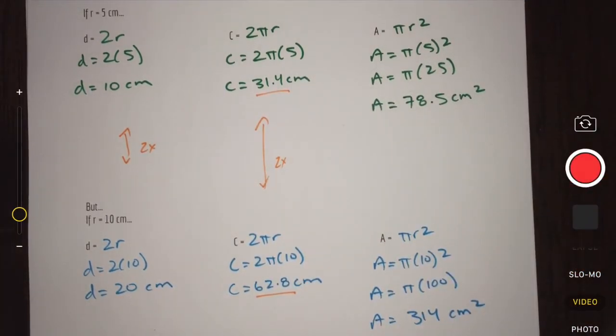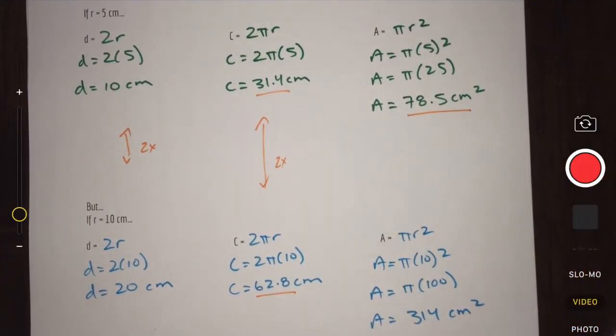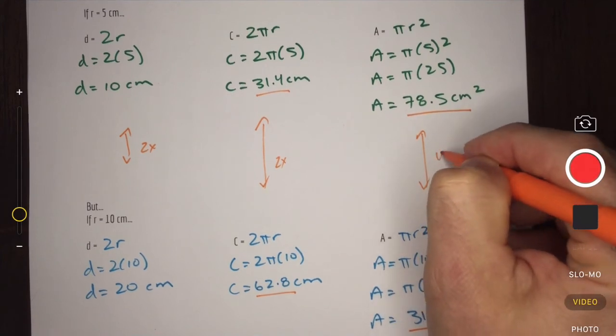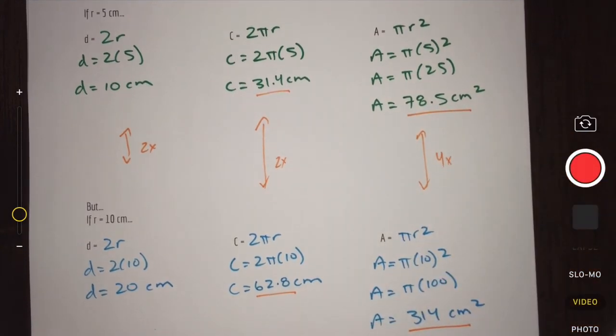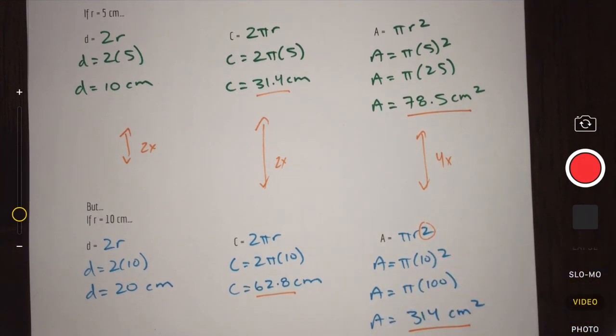Now, when I'm calculating the area for a radius of 5 centimeters, I get an area of 78.5. When I calculate the area for a radius of 10 centimeters, I get 314. And hopefully, with your calculator, you've realized that the relationship between these is actually 4 times greater. And the reason for that is because we've taken something and we've squared it.